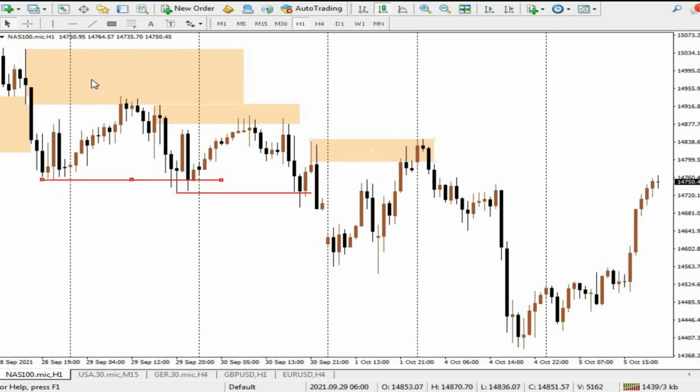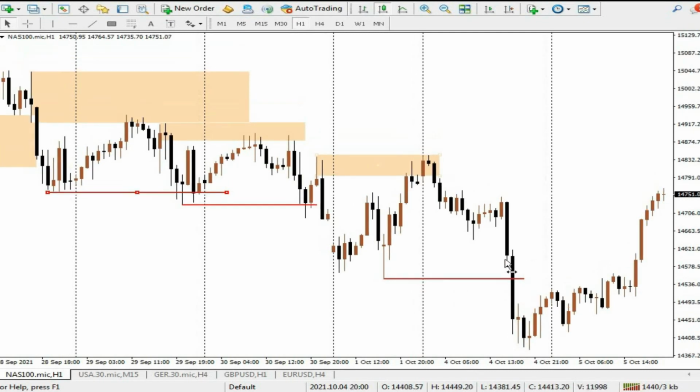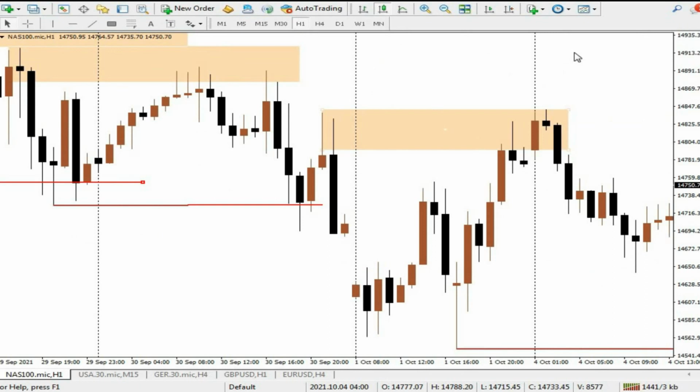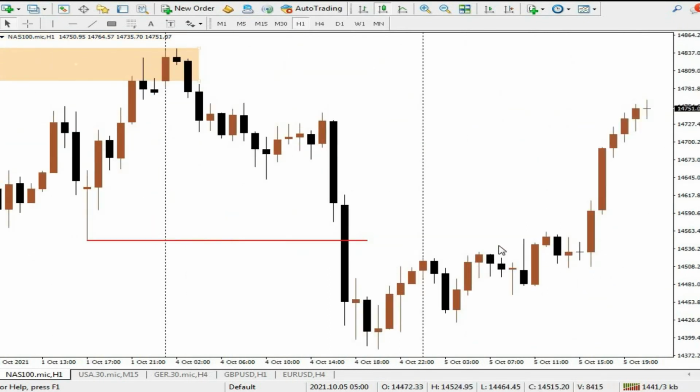Let me just put another one. You can see this was our new lower low which was issued here, and then you can see now the price started with compression going up, meaning they were going up to this previous order block zone area. But this order block zone area was taken out.